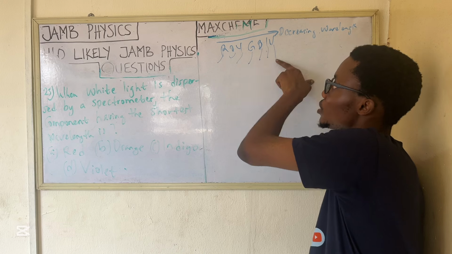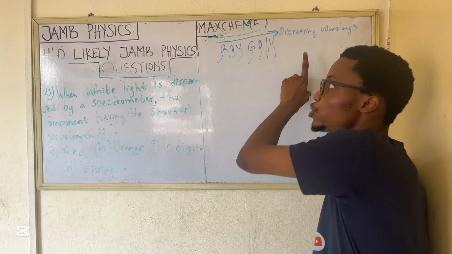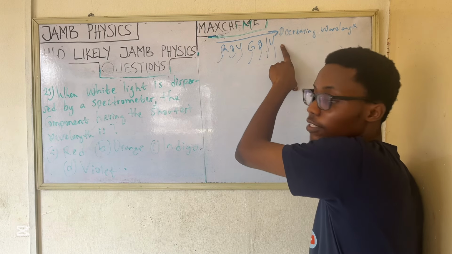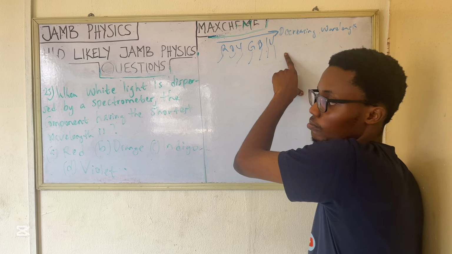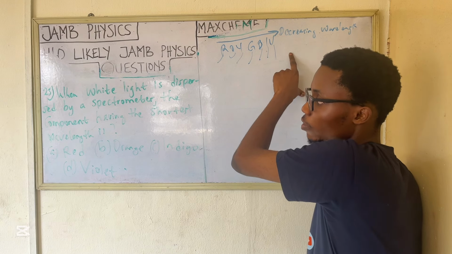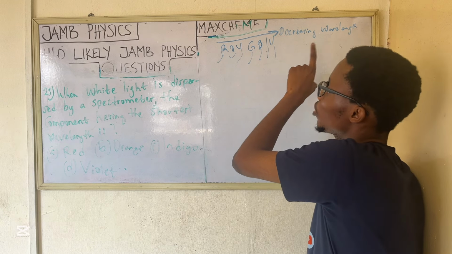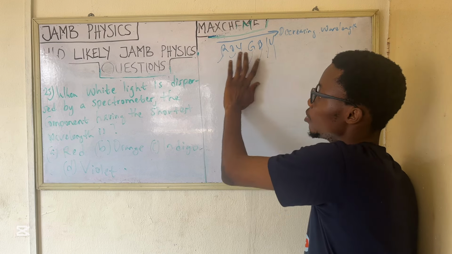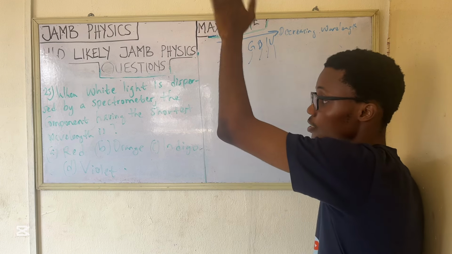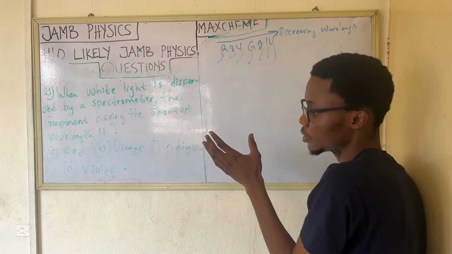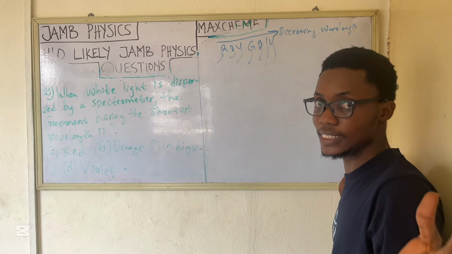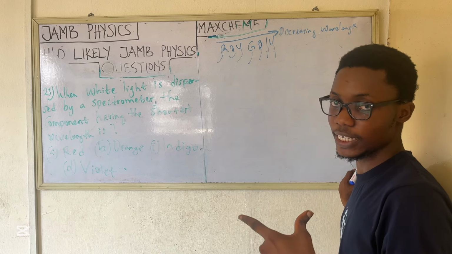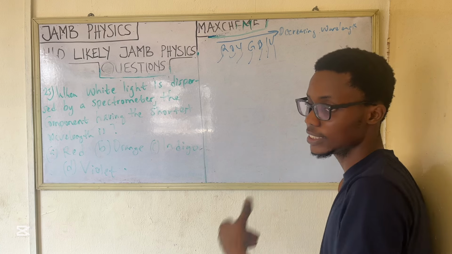Decreasing all the way to V. That means the one with the shortest wavelength here will be V, which is the violet. So the seven components of your white color, know them: red, orange, yellow, green, blue, indigo, and violet. They are arranged in order of decreasing wavelength.